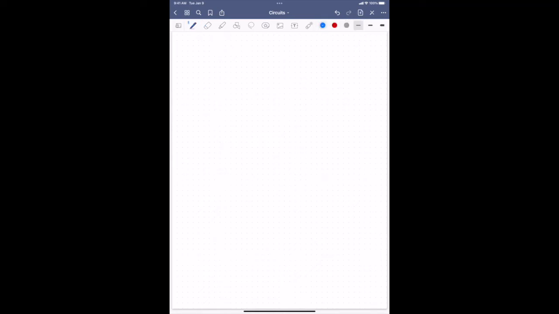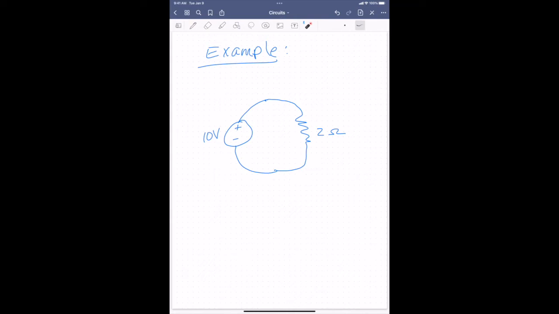Let's consider an example. Suppose we have a simple circuit that has a voltage source of 10 volts and a resistance of 2 ohms. I've drawn this circuit with curved lines just to point out that the square corners that we usually use when we write circuits are just for convenience for drawing.